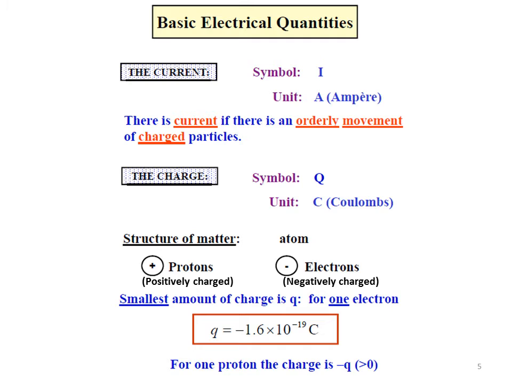And the modulus amount of charge is Q. For one electron, we have Q equal to minus 1.6 times 10 to the power minus 19 coulomb. And note for one proton, the charge is Q, and this value is greater than 0 because you know the proton is a positive charge.